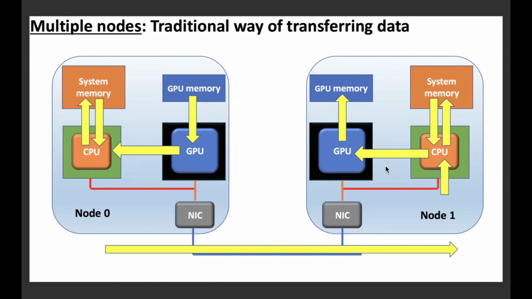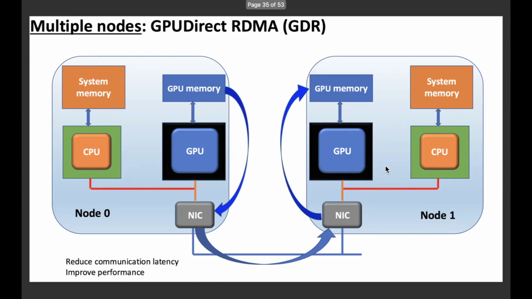In GPU-aware MPI, it takes advantage of GPU remote direct memory access. The data is directly transferred from the GPU memory directly to the network interface card. You don't need to involve the GPU to make any transfer of the data, nor the CPU.